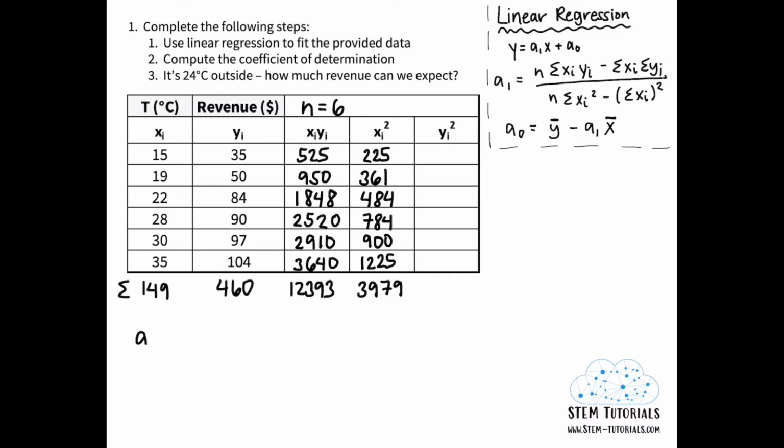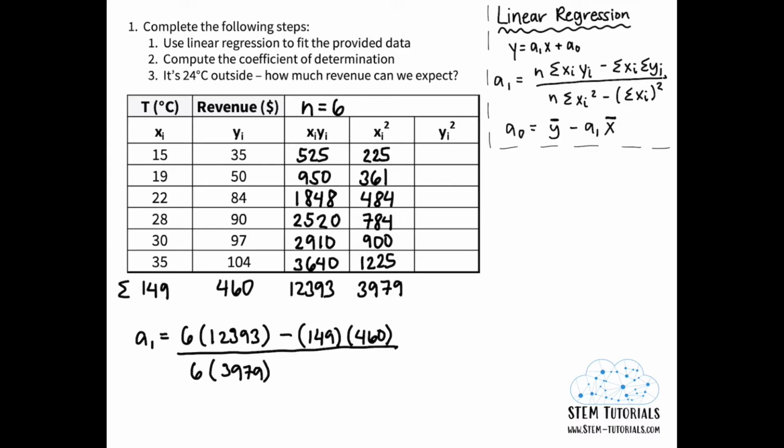So substituting the values into our slope equation, we get n equals 6 times the sum of xi, yi, which equals 12,393, minus the sum of xi, which is 149, times the sum of yi, which is 460, divided by our number of data points times the sum of xi squared, which will equal 3,979, minus, and we forgot one last term.